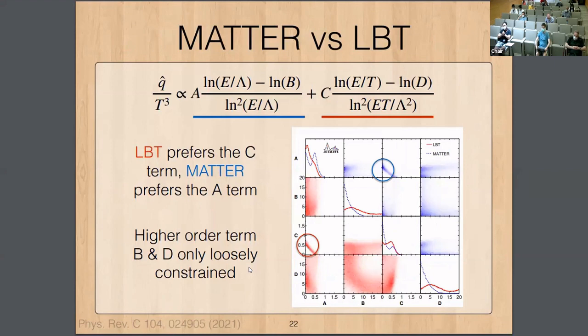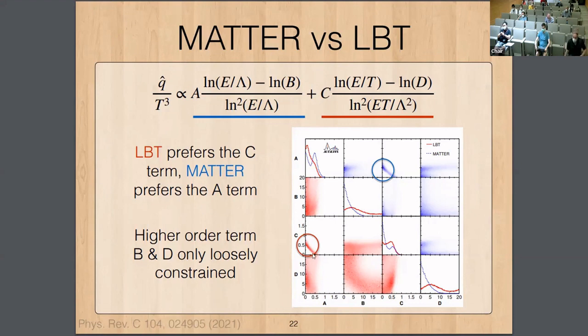Okay, and then we can also look at the extracted parameters using MATTER as the energy loss or using LBT as the energy loss. So what's plotted here, the red curve and the scatter plots, are what we get if we use LBT as the energy loss model. And the blue one is if we use MATTER as the energy loss model. And we can, for example, see the prefactors A and C here and see how they compare.